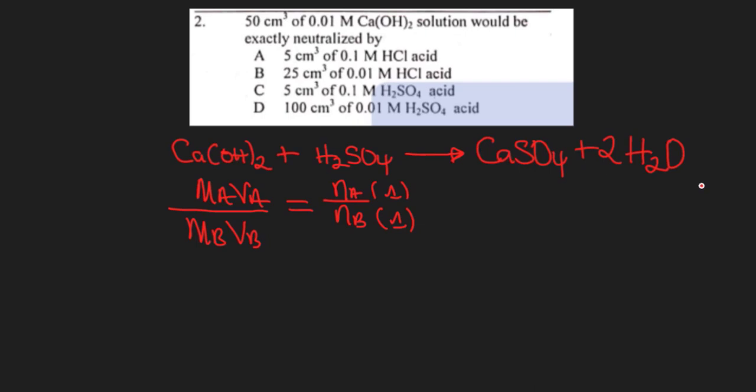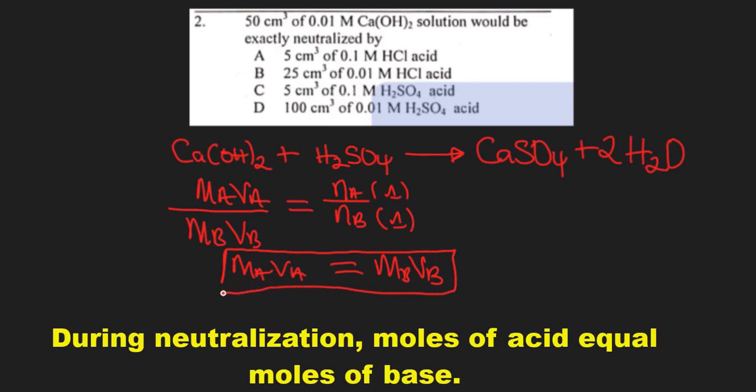From the balanced equation, reacting with sulfuric acid, we can see by observation that there is one mole each of the base and the acid. Therefore, molarity of acid times volume of acid simply equals molarity of base times volume of base. So at the equivalence point during neutralization, the number of moles of acid equals the number of moles of base.